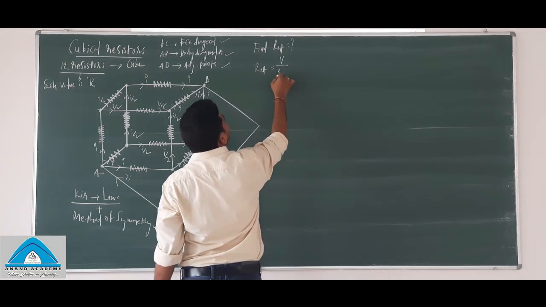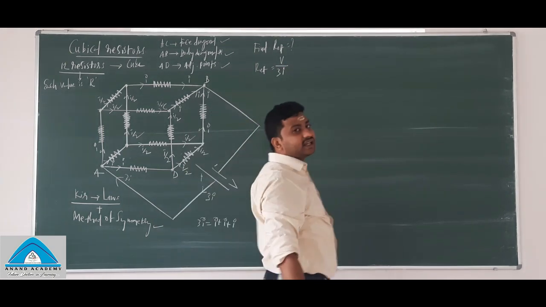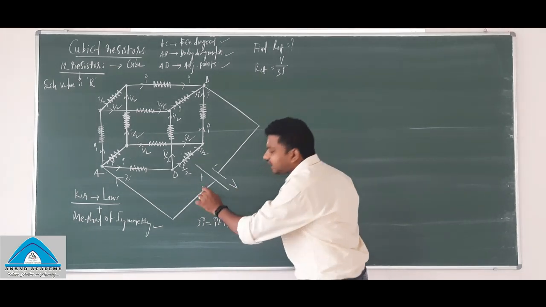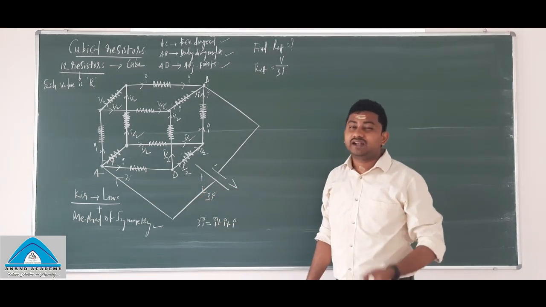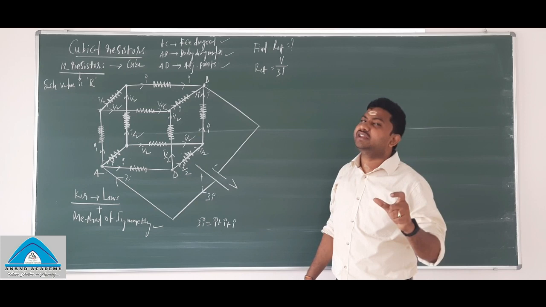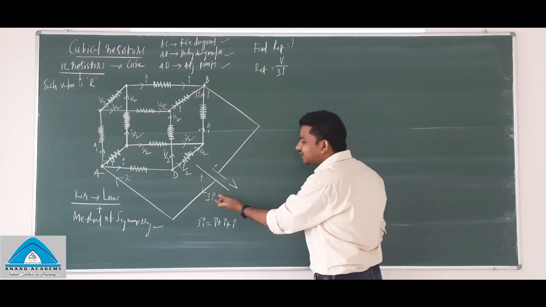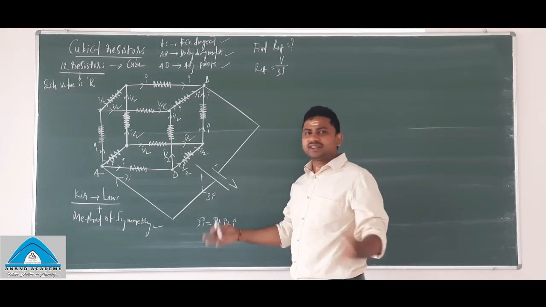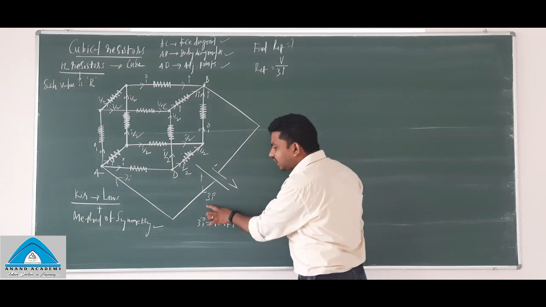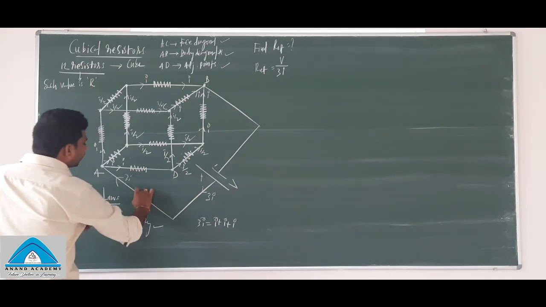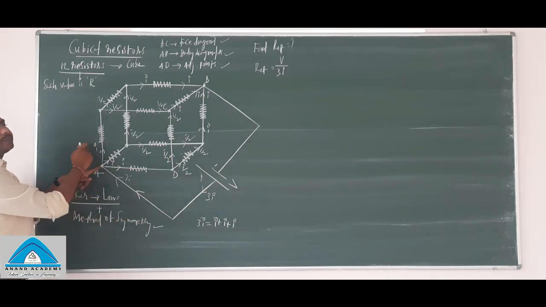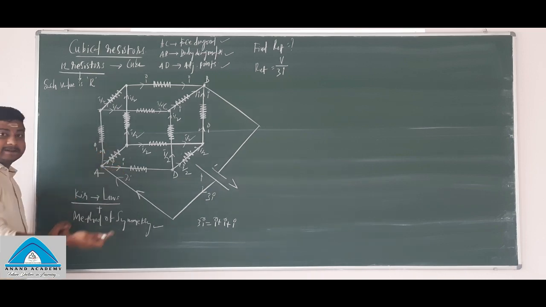So what is the total current here? Can I say the total current is 3I? Yes, from the cell how much current is passing? 3I. And for your better understanding I am telling you, this you can also consider as I. Nothing will happen. You can consider I current is flowing here. So this I will split into 3 parts, I by 3, I by 3, I by 3.